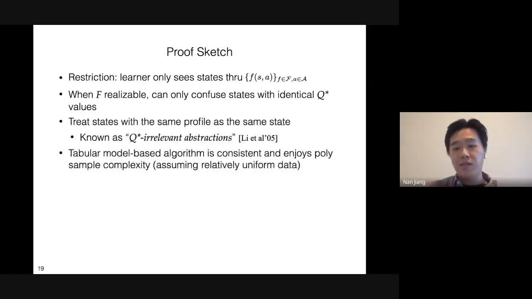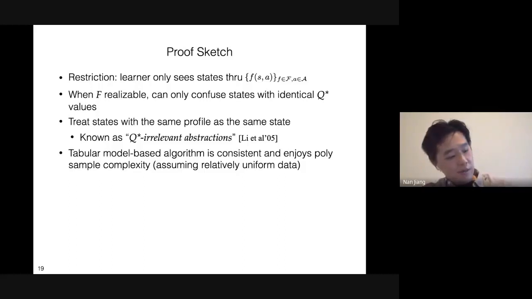And roughly the reason is that I can just treat the states that have the same profile as if they were the same states. This induces a particular type of state abstraction called Q star relevant abstraction. And you just run a model-based algorithm on the abstract state space, and it will learn Q star with a very reasonable amount of data.